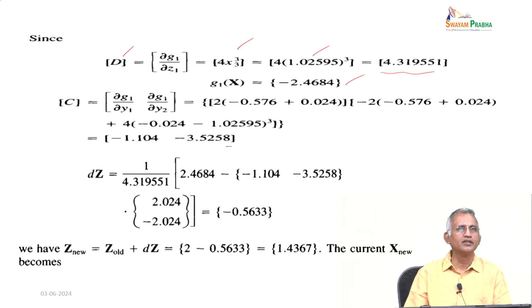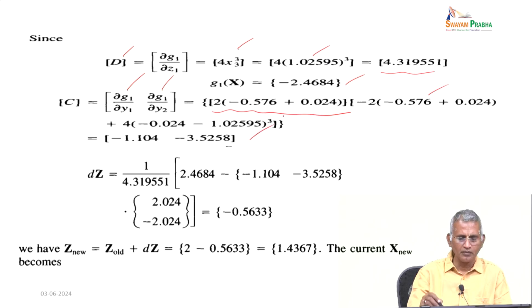Now the C value is dou g1 by dou y1 and dou g1 by dou y2, that is, g1 partially with respect to y1 and g1 with respect to y2 partially. We have the values of x1, x2, x3 and the corresponding y1, y2 also given. Substitute it and you get the values minus 1.104 and minus 3.5258.